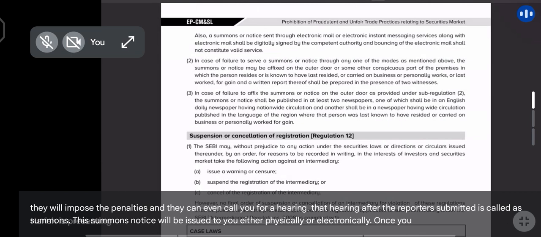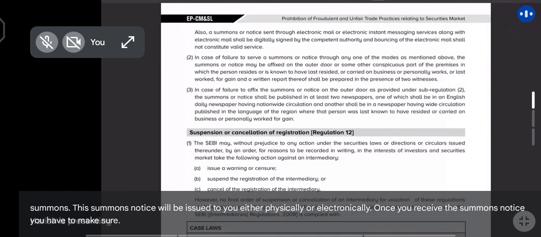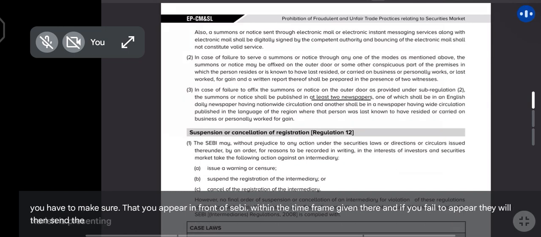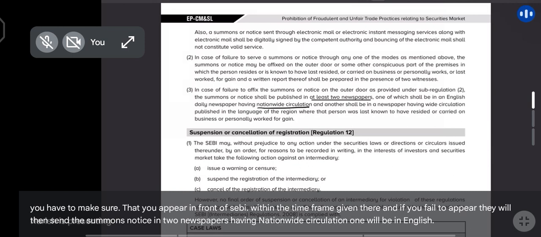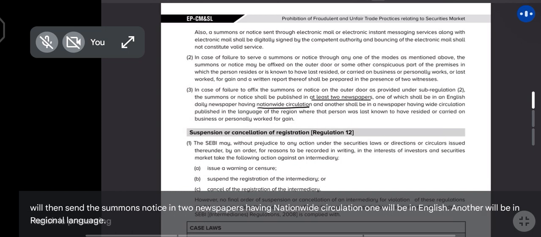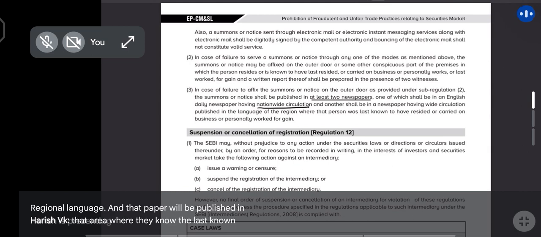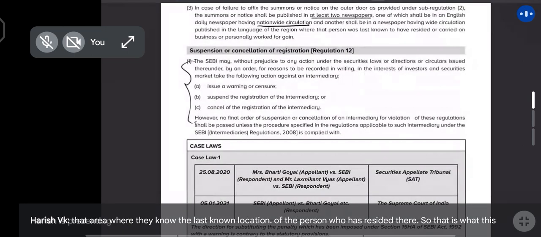Once you receive the summons notice, you have to make sure that you appear in front of SEBI within the time frame given there, and if you fail to appear, they will then send the summons notice in 2 newspapers having nationwide circulation. One will be in English, another will be in regional language, and that paper will be published in that area where they know the last known location of the person who has resided there. So that is what this chapter is all about.